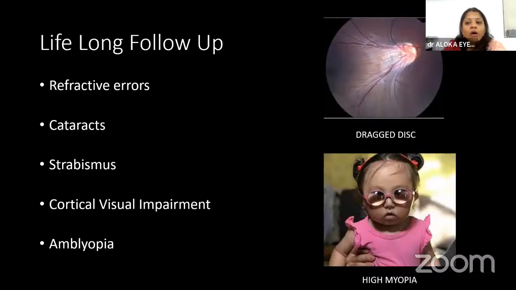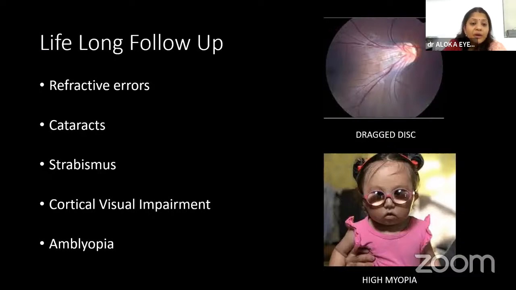According to a pediatric ophthalmologist, there is a lifelong follow-up of these children because most of them end up having refractive errors. Post-laser, they can have cataracts, and retinal issues like retinoschisis or retinal detachments or exudative retinal detachments. They can also get strabismus. Premature babies anyway have a higher risk of squint or strabismus.